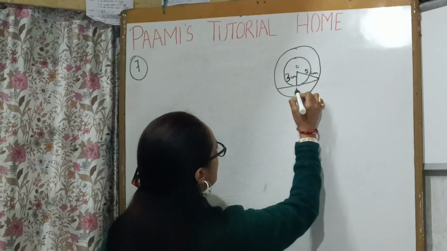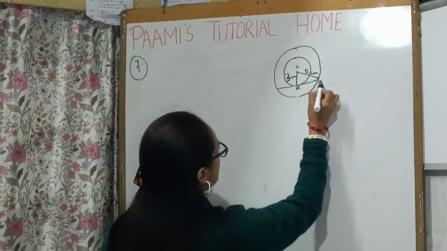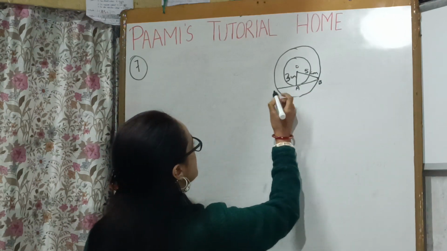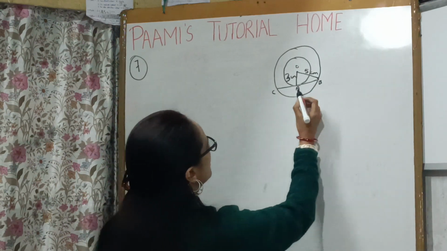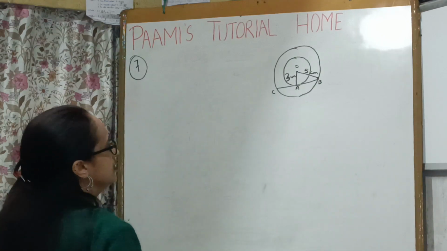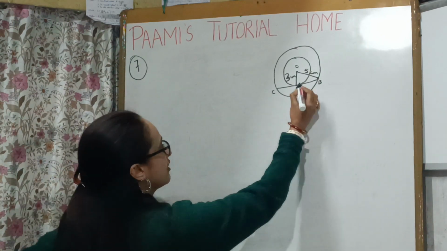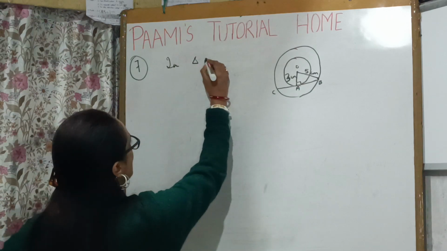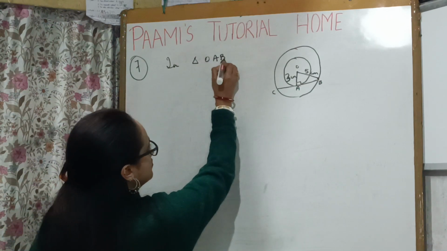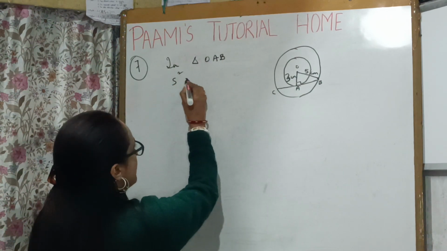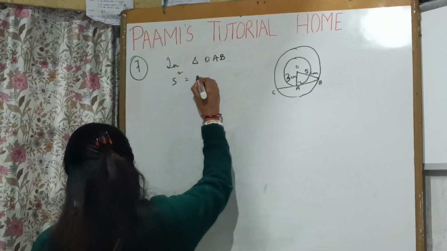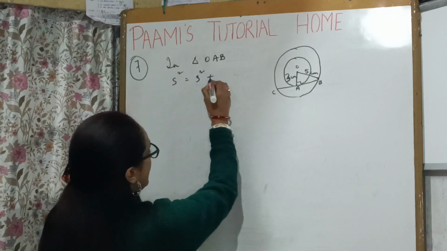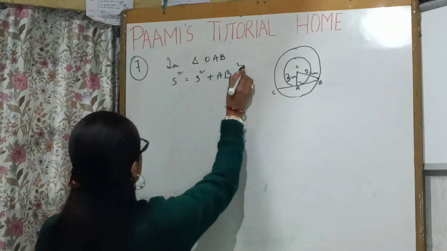So let's find out this A, B, C. So again Pythagoras is applicable here. In triangle OAB, 5 square is equal to 3 square plus AB square.